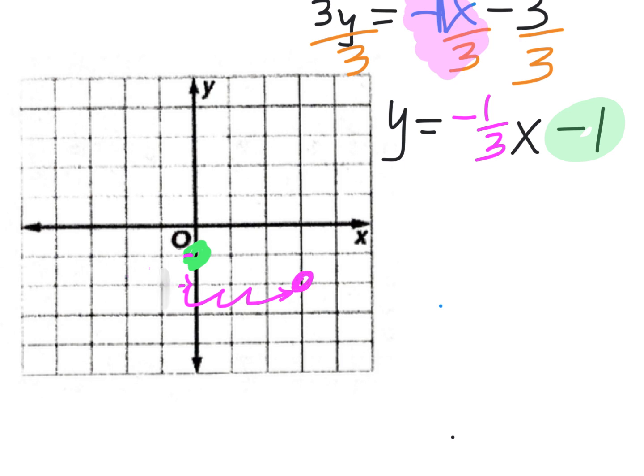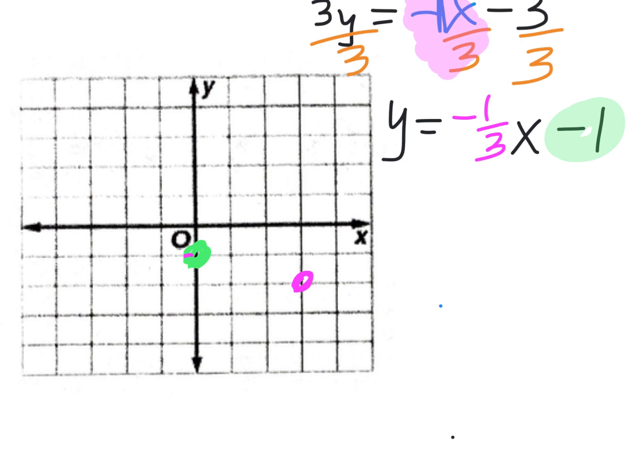And then according to every math teacher in America, if you are graphing a line, how many coordinates do you need? 3. I don't have room to go down and over again, but that's cool. I can go back here, bless you. And I can go up and to the left. And if I go positive, which is up, and negative, which is left, that is still going to get me that negative slope.